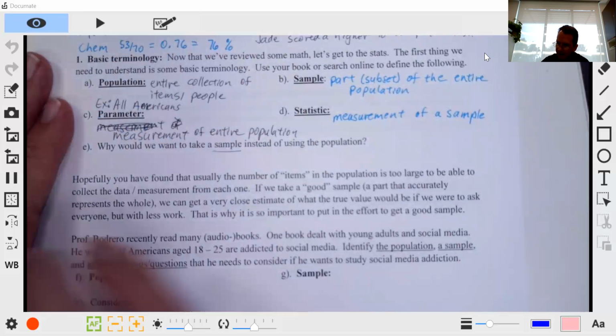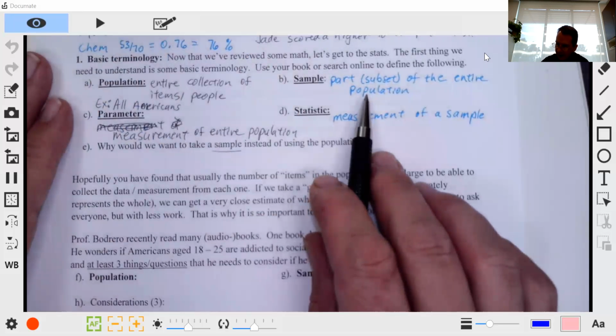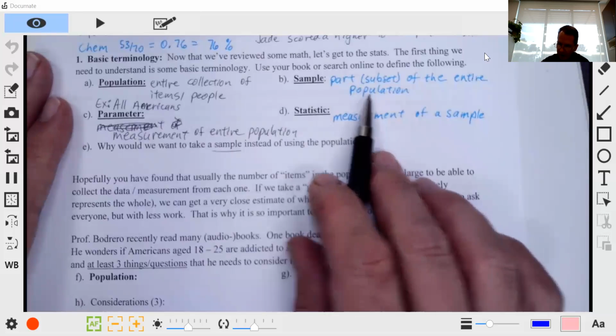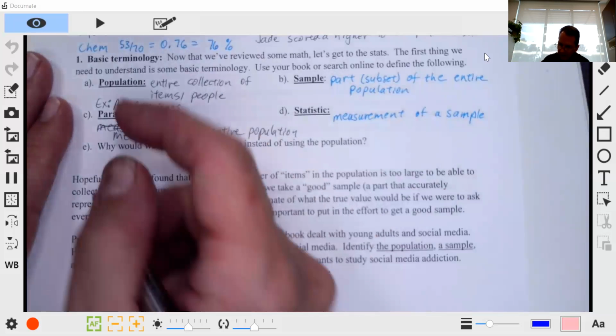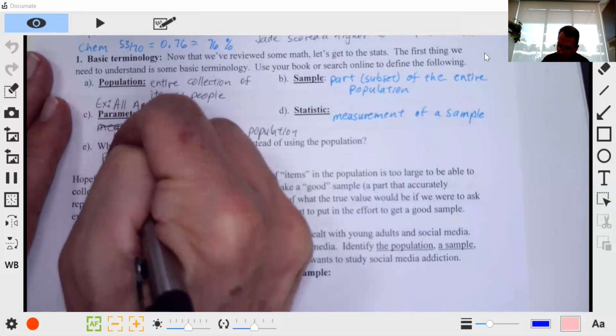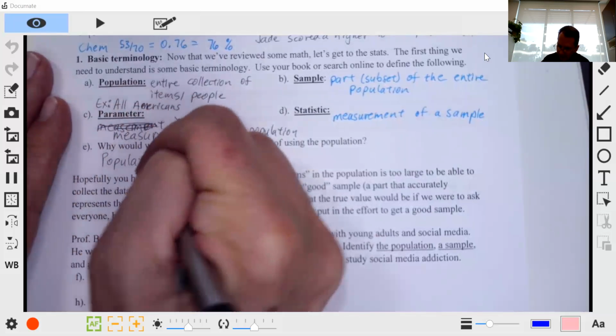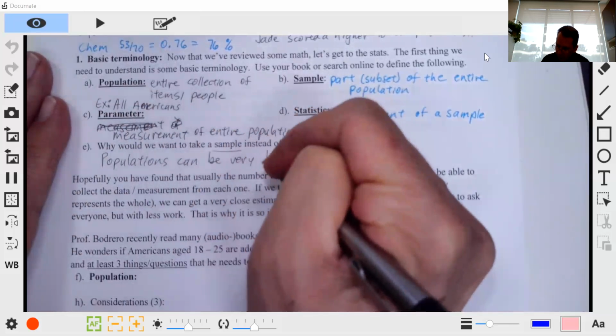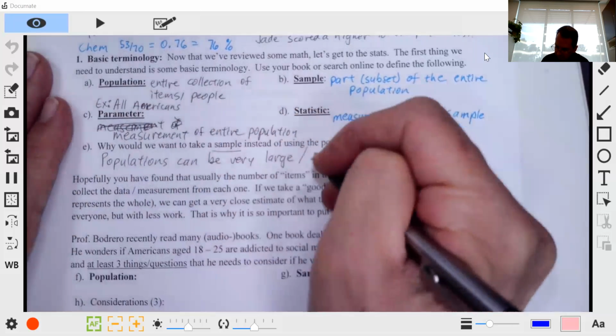So what we can do is take a part of the population, a sample, and if we take care in how we choose that sample, then we can get a really close, maybe not exact, but really close number, but only have to do a whole lot less work than asking everyone. So populations may be very large, or hard to access everyone.